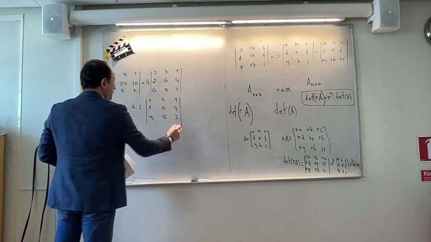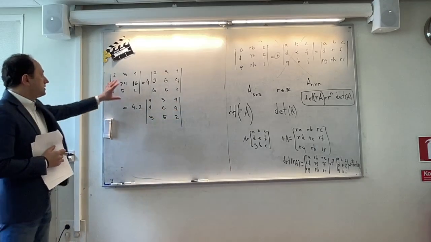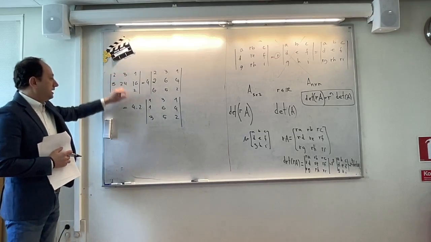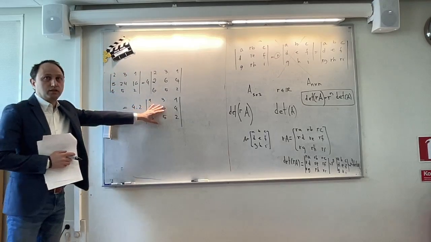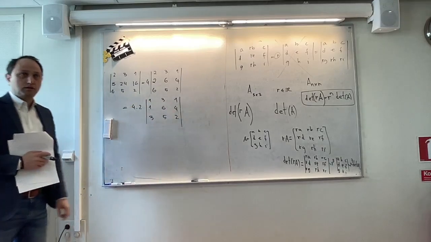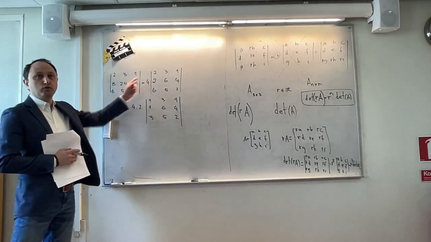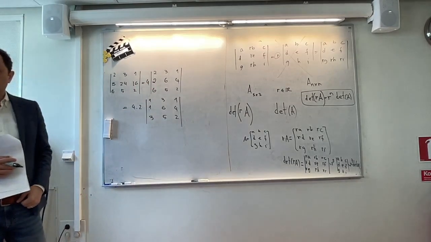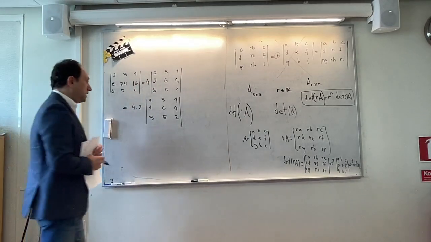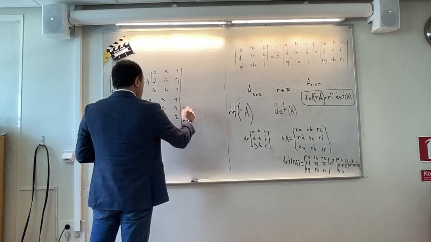Is that also okay with you? So if someone tells you that this determinant is 8 times larger than this determinant, do you agree? Yes, but this time I decided to factor a 2 from the first column. So that's correct, yes?